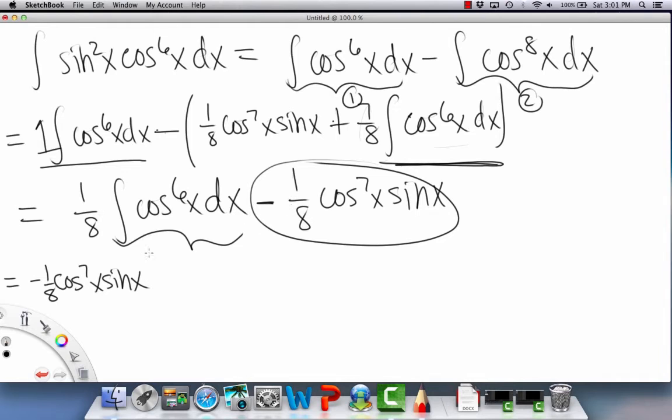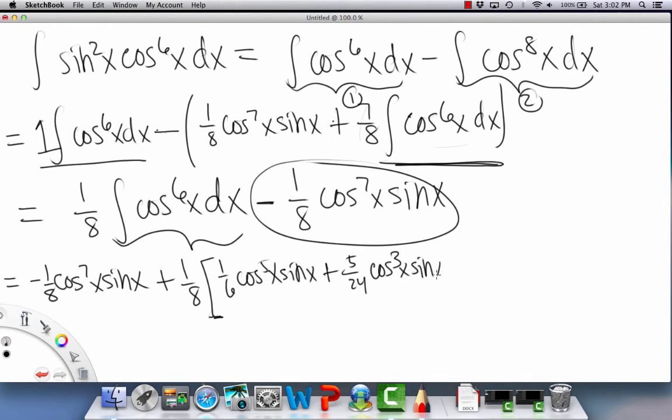So we got this part taken care of, and then we can add it to 1/8 of the long line. It's going to be 1 over 6 cosine to the 5th x sine x plus 5 over 24 cosine to the 3rd x sine x plus 15 over 48 cosine x sine x, almost done, plus 15 over 48 x.